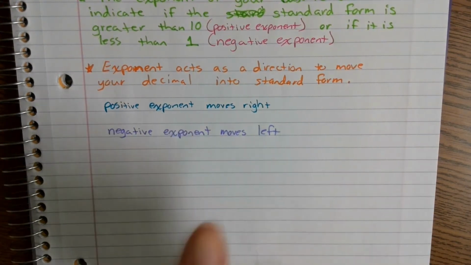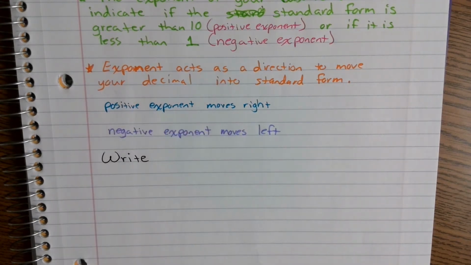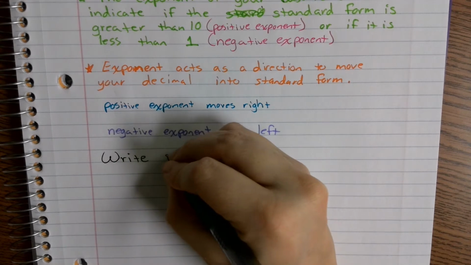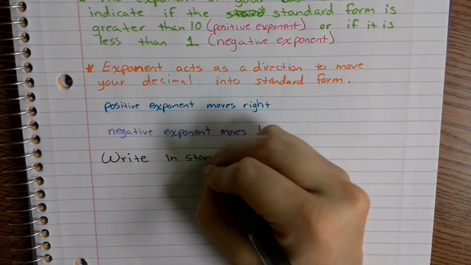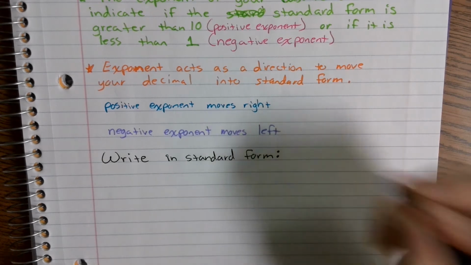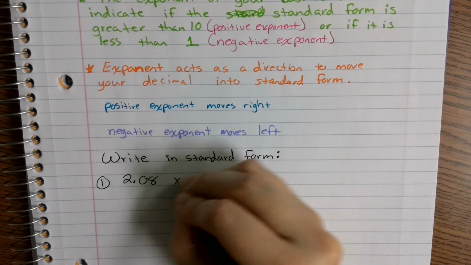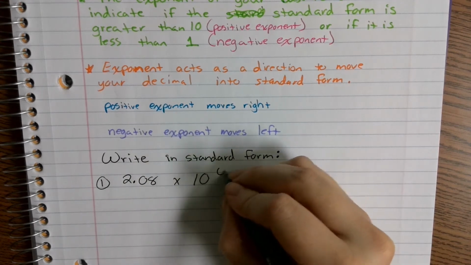All right, so let's go ahead. We're just going to do 2 practice problems of translating from scientific notation into standard form. So if we have the number 2.08 times 10 to the 6th power.